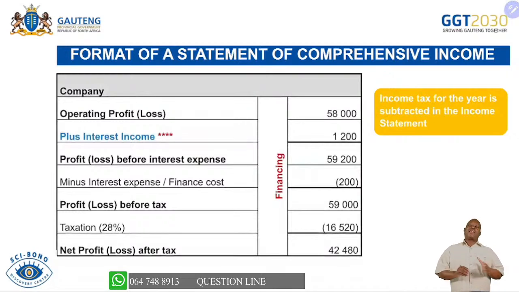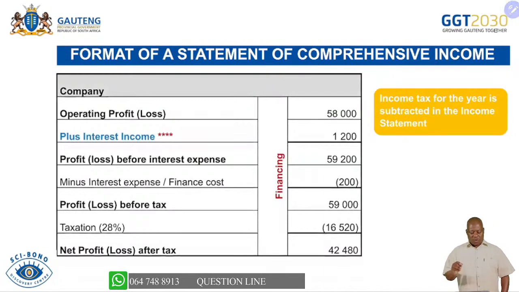Now, in grade 10 and 11, that's where we ended, and we used to call it profit for the year. So in grade 12, we are just adding one more step. What are we doing now? We are adding tax as an item. And remember, tax is that contribution that companies give to the government. In other words, the first share coming out of the profits of the company goes to the government.